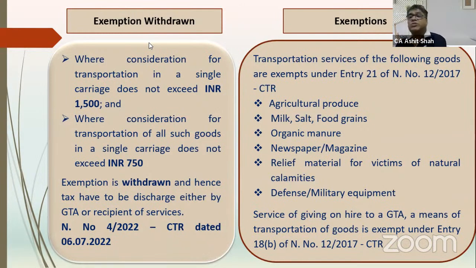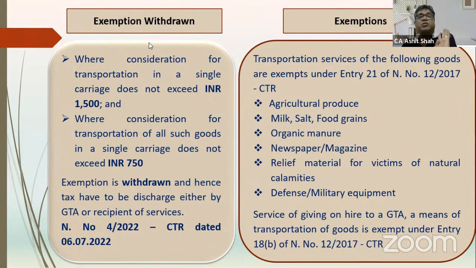Now there are certain other exemptions which I thought one must know about regarding the GTA. It says that transportation services of the following goods are exempt under entry number 21 of notification 12/2017. That means if you are transporting these goods, then there won't be any charge of GST. Which are those goods?